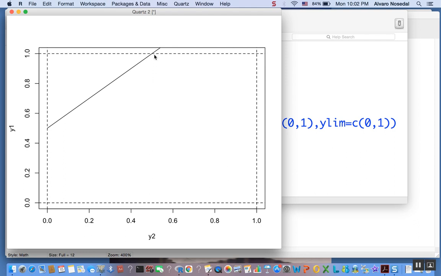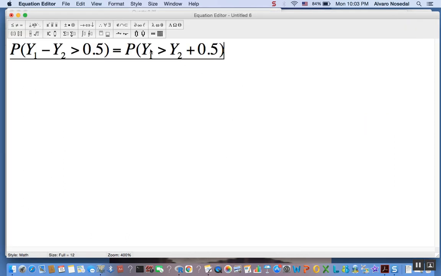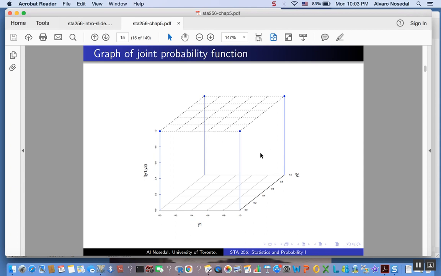So this point has the following coordinates: y1 equals 1, y2 equals 0.5, which makes sense. If y1 equals y2 plus 0.5 and y1 was 1, then you would solve and y2 would be 0.5.